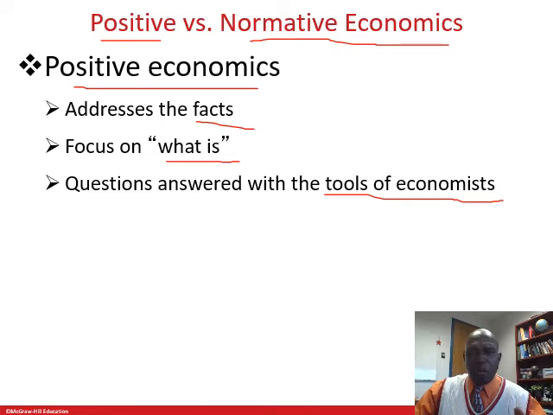In these examples, you can always verify the statistics about the impact of minimum wage on employment, the impact of immigration on the earnings of native-born workers, or the impact of a tuition assistance program on college enrollment rate.